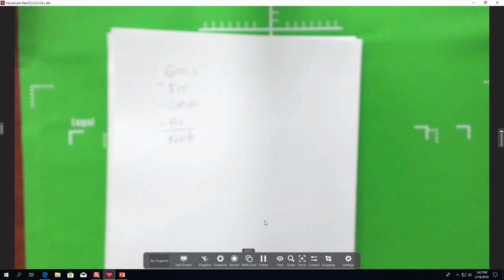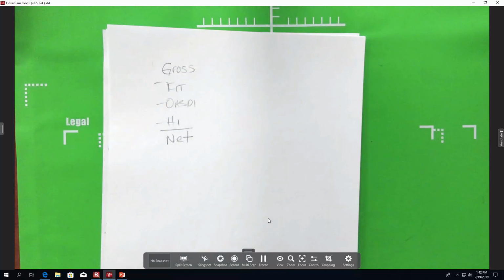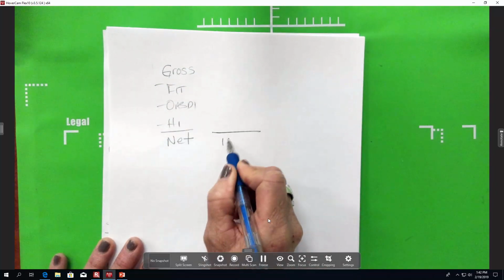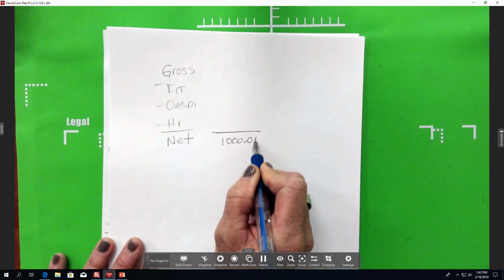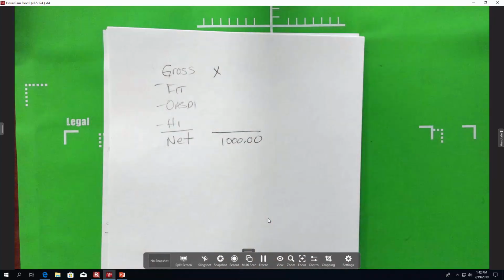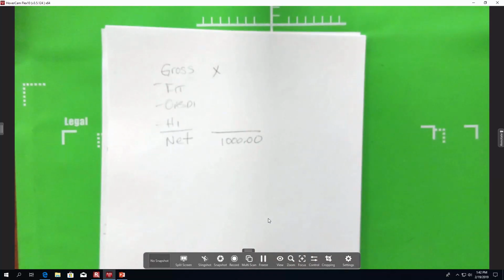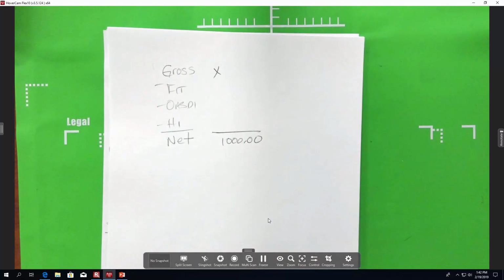Yeah, so all of a sudden, instead of going from the top of the paycheck down like we've been doing for the last 6 weeks, we're going from the bottom up, because I know this number, but I don't know this number. You with me so far?